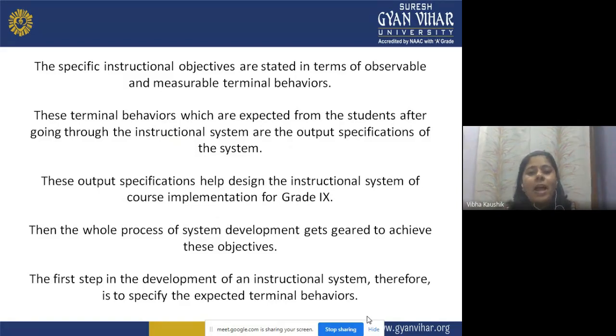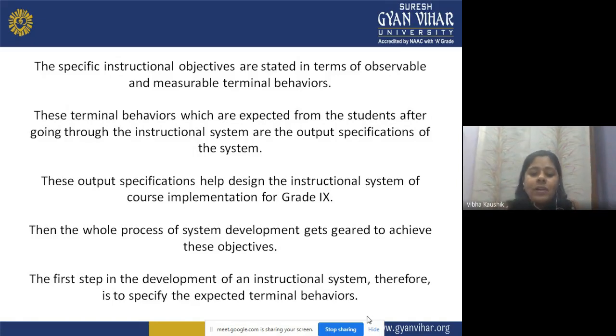For example, I say, switch on the fan. I am giving you an instruction, and you will switch on the fan. Observable means which can be observed, measurable means that can be measured.